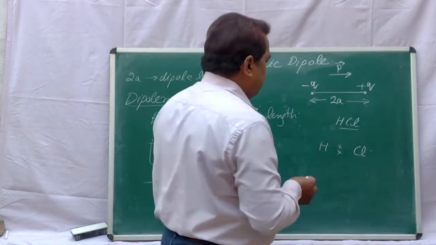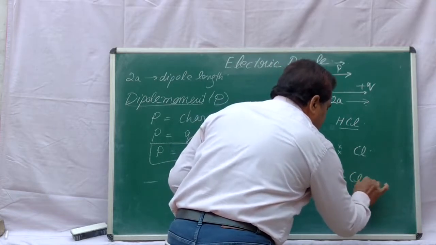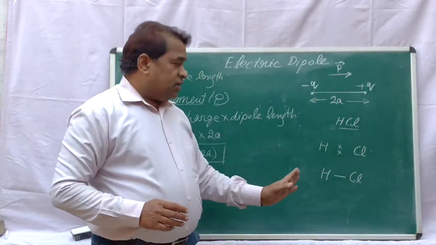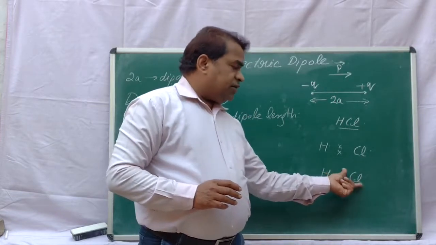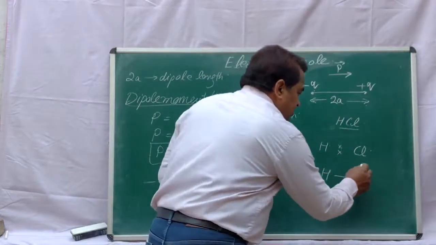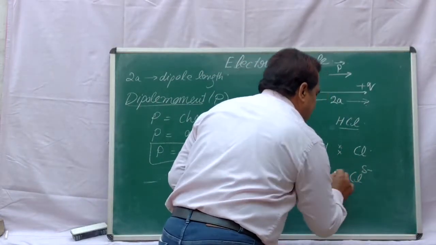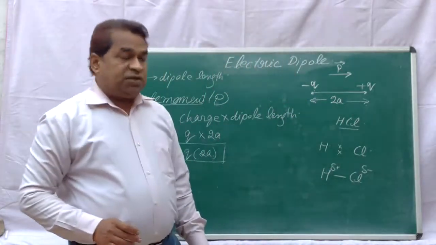Hence the net charge on chlorine becomes slightly negative, which we show as delta minus, and similarly we get a positive charge on hydrogen.